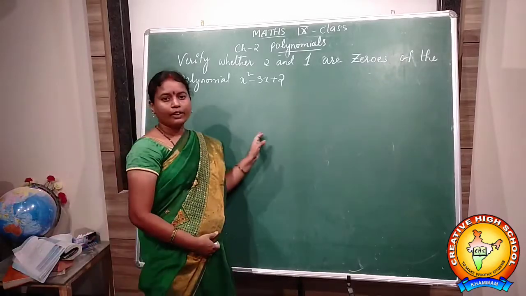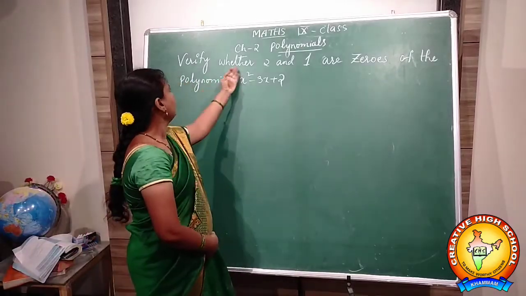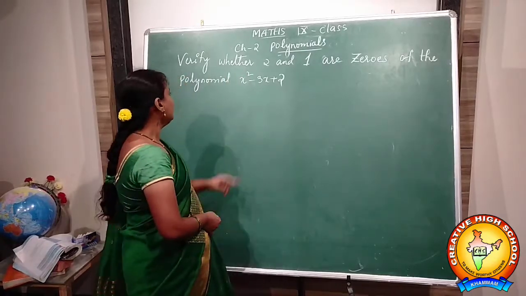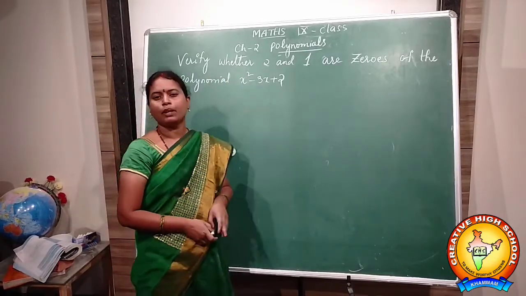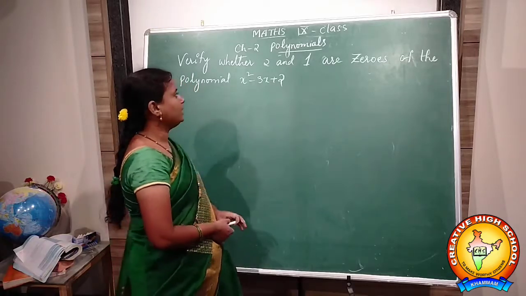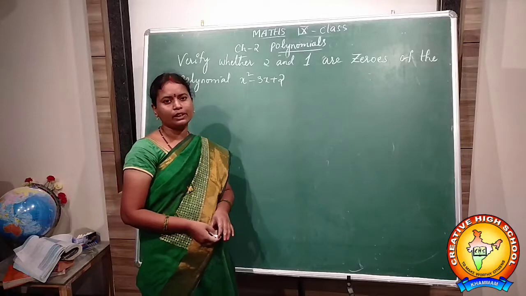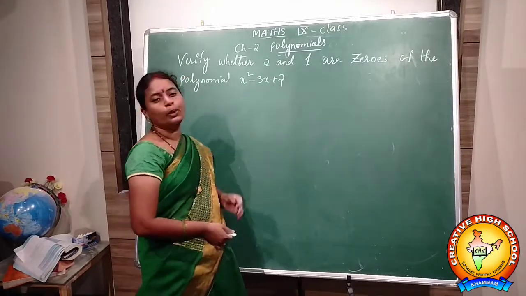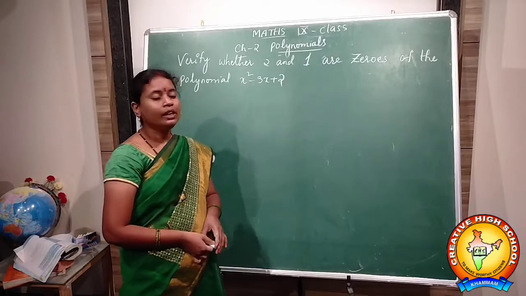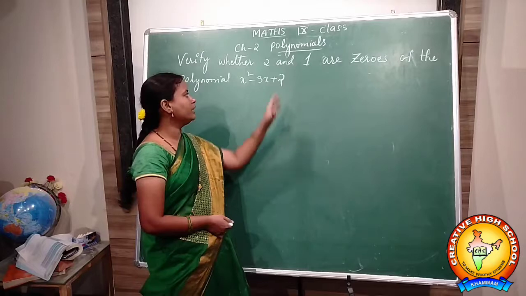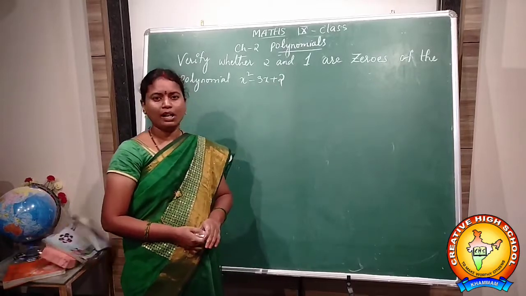See here, we have to check whether 2 and 1 are the zeros of the polynomial p of x, that is x square minus 3x plus 2. How can we check whether these two are the zeros or not? We have to substitute 2 and 1 in this polynomial. If the value becomes 0, then we can conclude that 2 and 1 are the zeros of the polynomial.